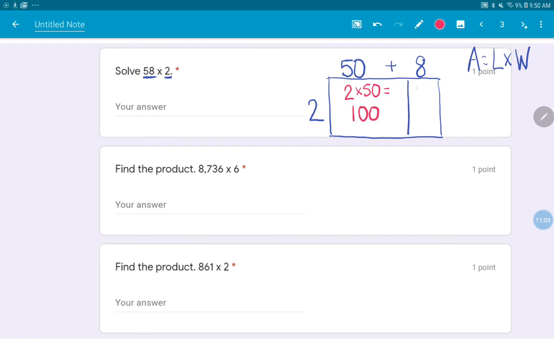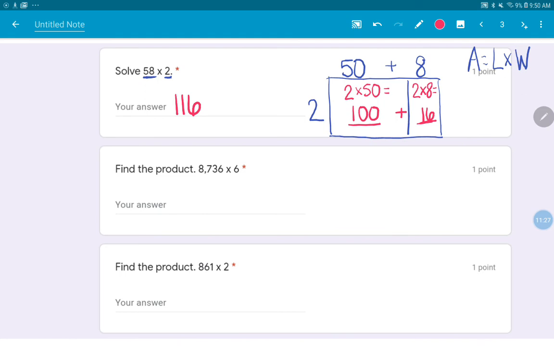Now I'm going to find the area of this part by doing 2 times 8. 2 times 8 is what, Olivia? 16. So if I add those together now, I have 2 partial products. I'm going to add 100 plus 16 together, and that equals 116.